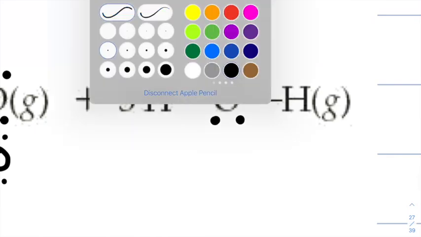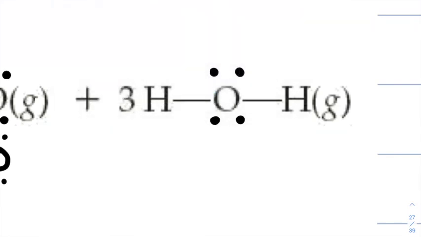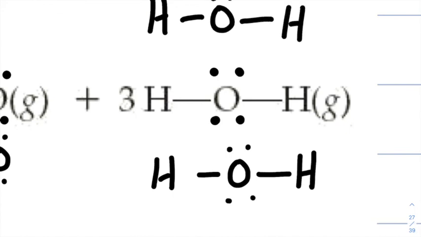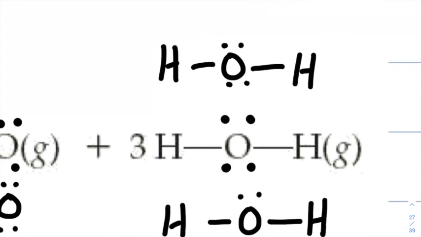And here we have those same options. If we want to, we can write out 3 water molecules. And now we can count up these bonds. They're all OH bonds, even though some of them are hydrogen to oxygen, some of them are oxygen to hydrogen.